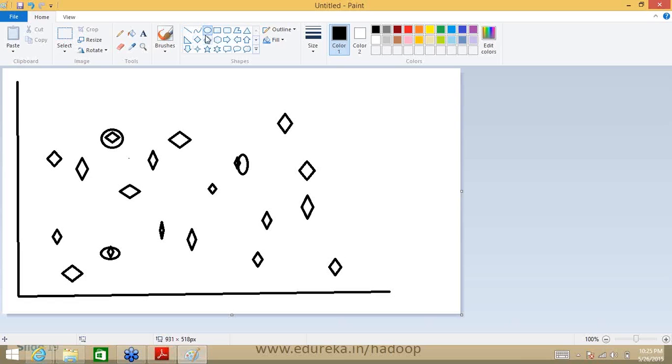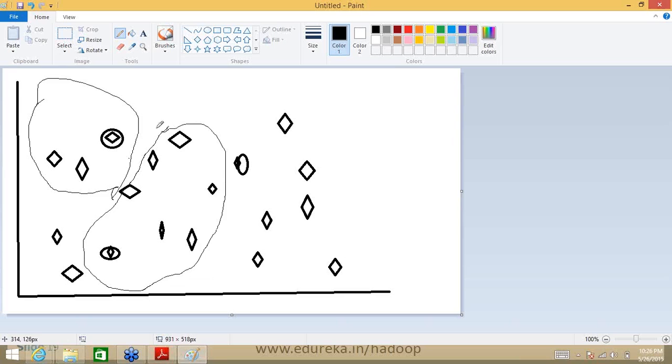What I'm trying to convey is only this. Let's say this one is there, and the second one maybe is formed like this. The first one also includes this, for example. This is the second one. The third one is this. This is how it is formed.